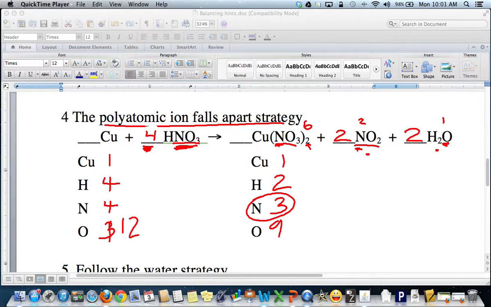How many hydrogens? 4. How many nitrogens? Let's see, there's 2 here, and 2 here, that's 4. And how many oxygen? We've got 6, 4, and 2. 12. Yeah. Pretty slick, huh?